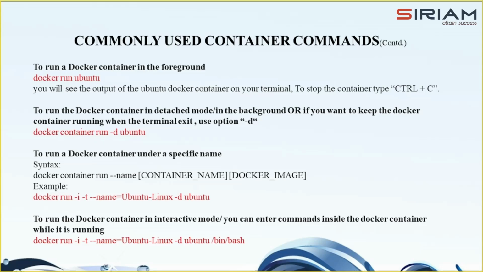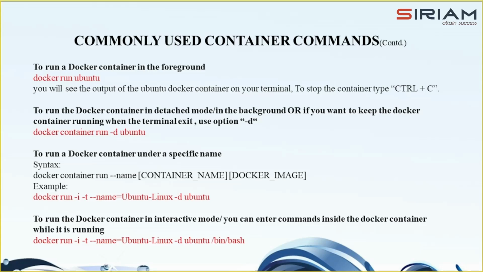In the example, you have used docker container run -d ubuntu. You start a Docker container based on the Ubuntu image in detached mode. The container runs in the background and you can continue using the terminal without being attached to the output. So this is helpful for long-running services or applications, right?